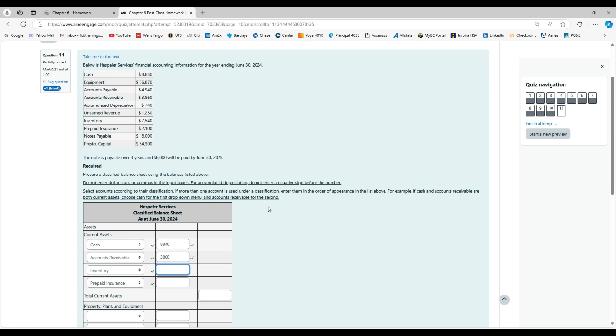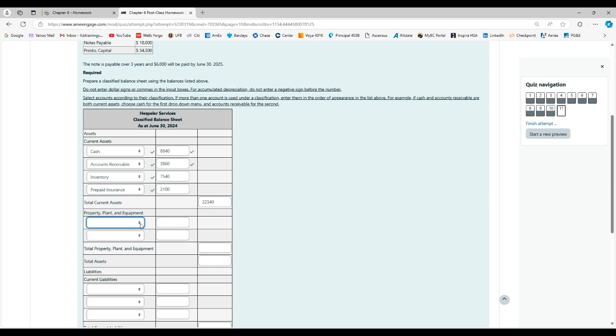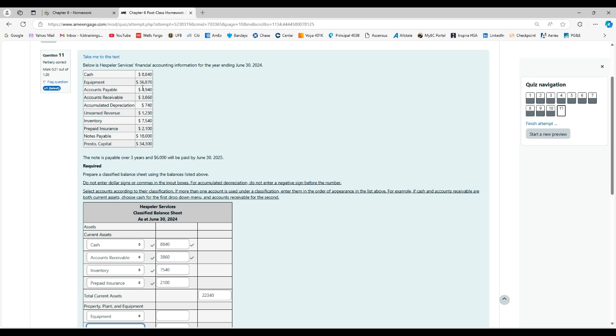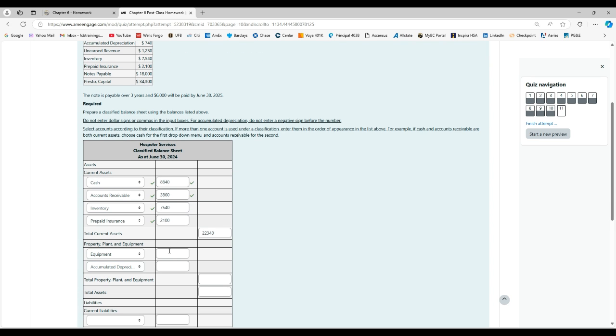There we go. And we got 7,540. Prepaid insurance is 2,100. Just adding these up real quick: 22,340. Okay, and then we have property, plant, and equipment. We have equipment, and we have accumulated depreciation, I believe, shown here. So that is a little more realistic than the last problem that didn't have depreciation.